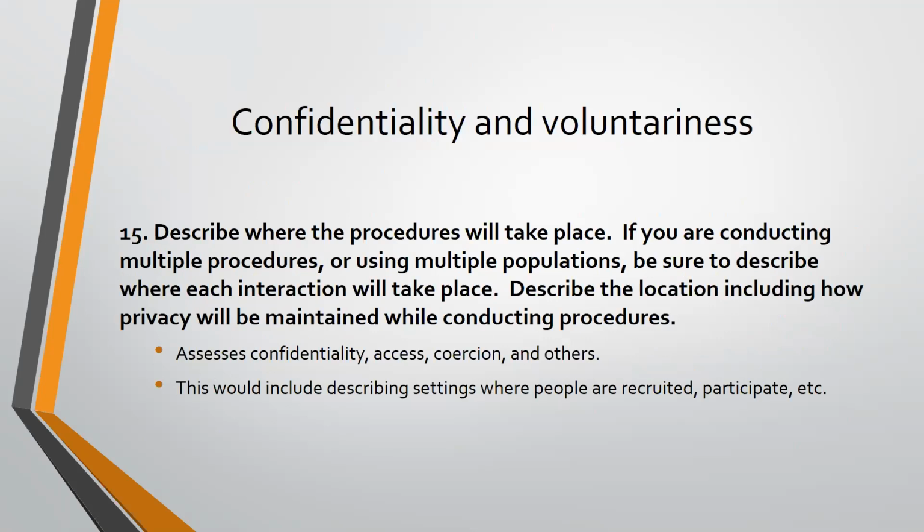If they're coming in for treatment, you need to explain where that's going to be. Is it going to be in a doctor's office in the city? Is it going to be at a school in the lunchroom? Is it going to be on their personal computer or telephone? Each place that the participant is doing anything for your study, including informed consent, any parts of the procedure, and debriefing, needs to be explained here.